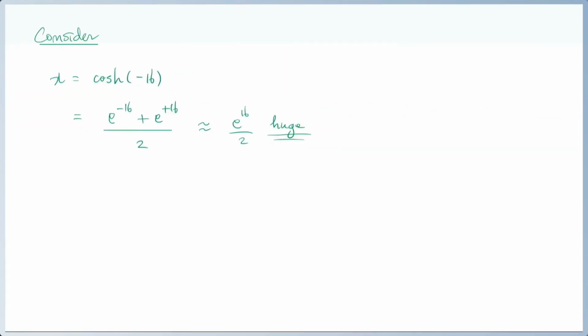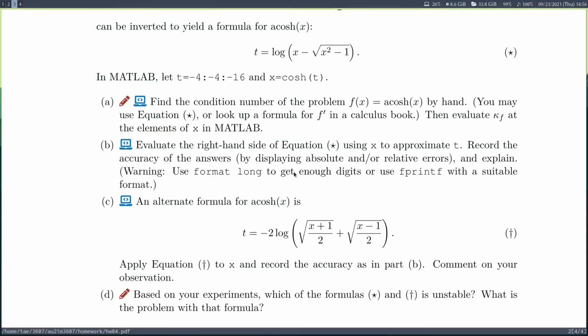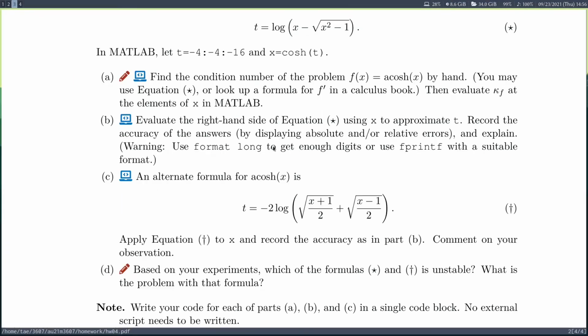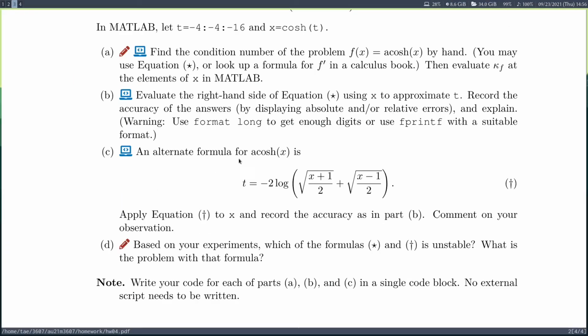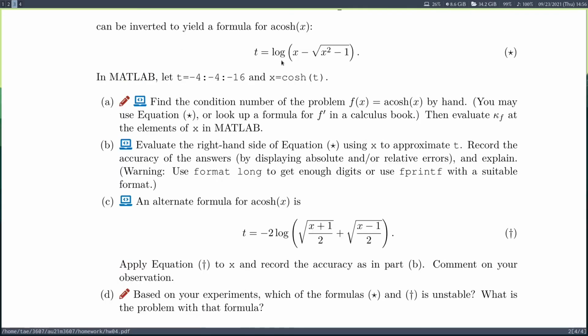Okay, now I want to point out one more thing, and I will wrap up today's session. Take a look at the following. Here we are presented with an alternate formula for acosh. This was our first formula for acosh, but this is the alternative.